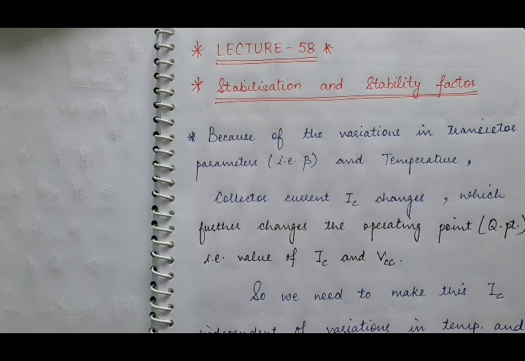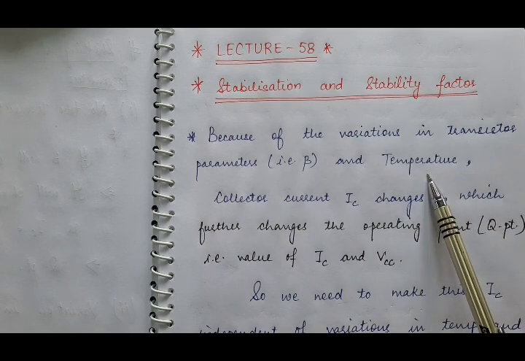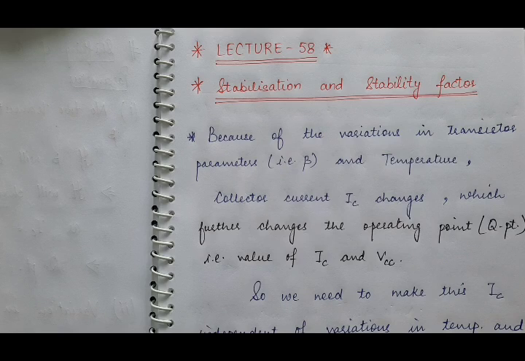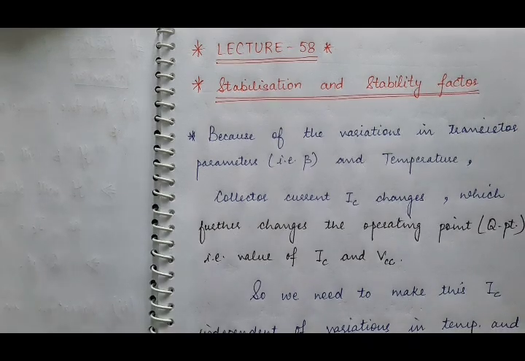So because of these variations in transistor parameters and temperature, the collector current will change, and the value of the operating point depends upon the value of collector current and VCC. So this will further change our operating point.